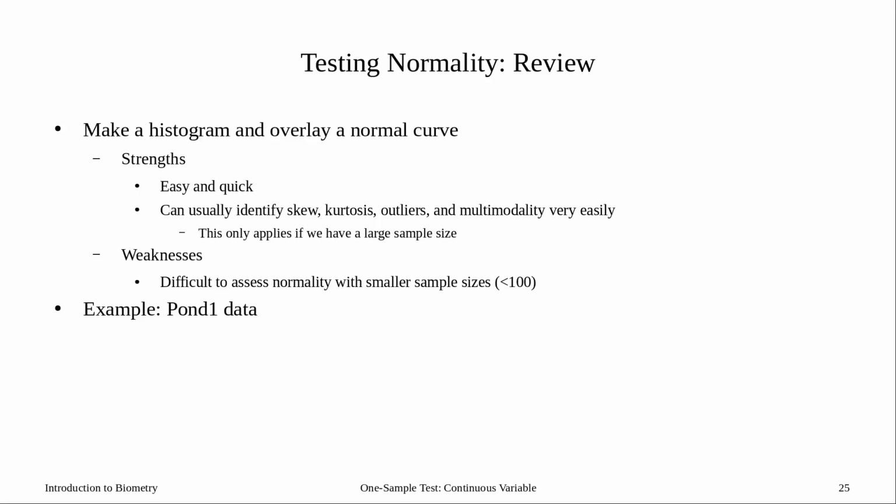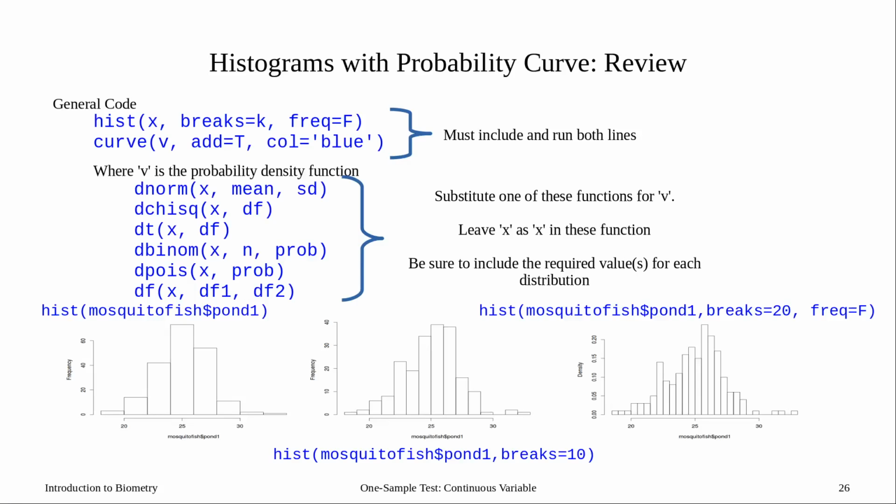But all of this really only applies to a large sample size. If we have less than 30 data points, it's kind of hard to adequately assess normality using histograms and normal curves.